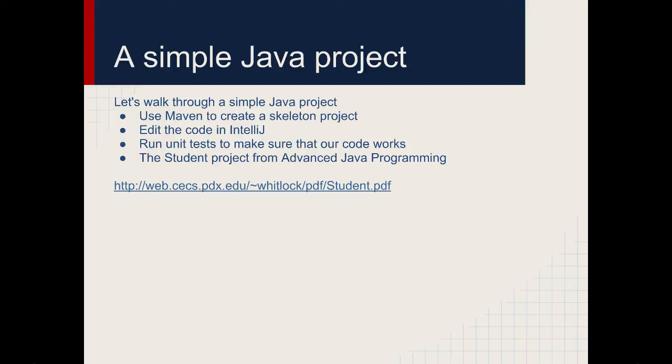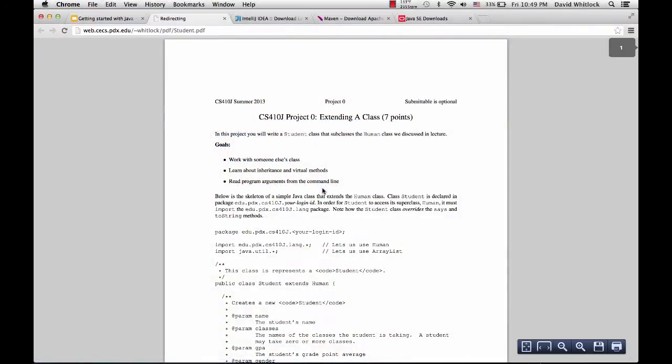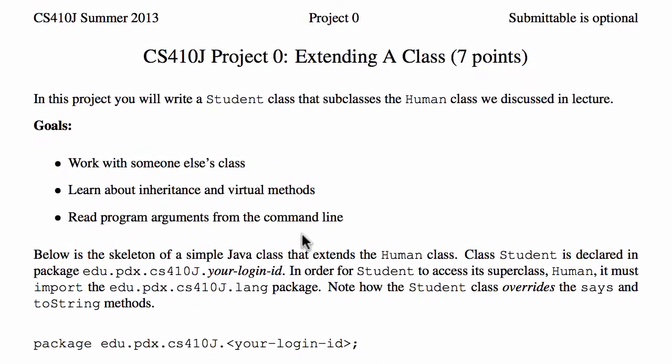We'll be working with the student project from Advanced Java Programming. This is sort of a project 0. It's optional, and it's a good example of the kinds of things that you'll be doing at the beginning of the course. And we can see all sorts of details about the assignment here at this URL. So for this sample project, you'll create a student class.